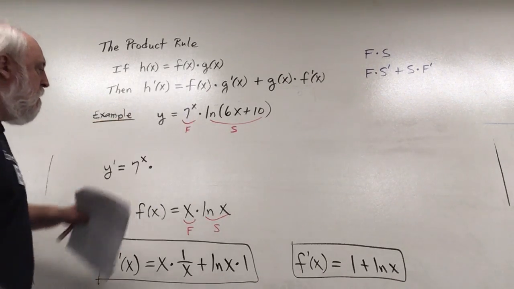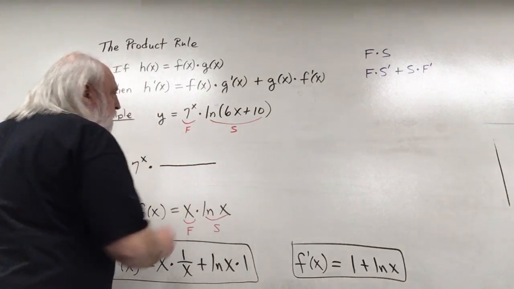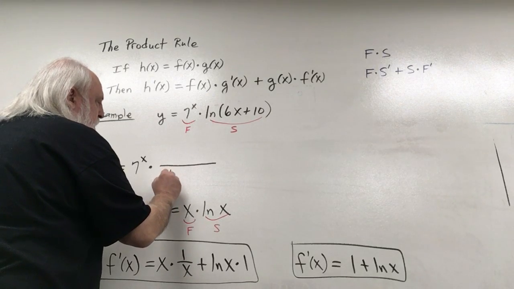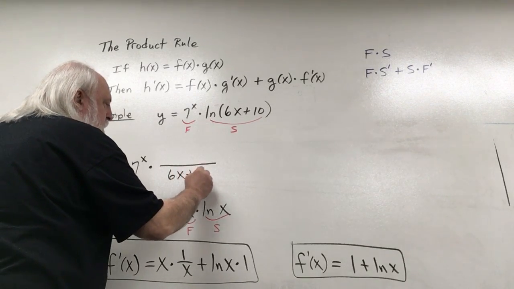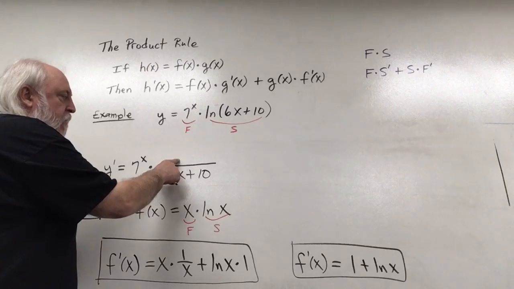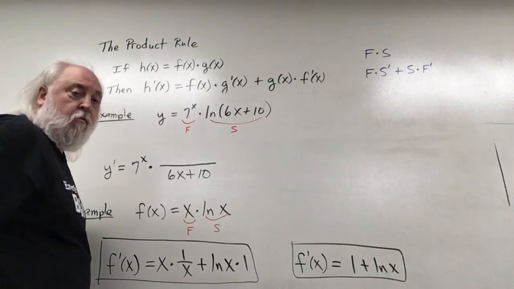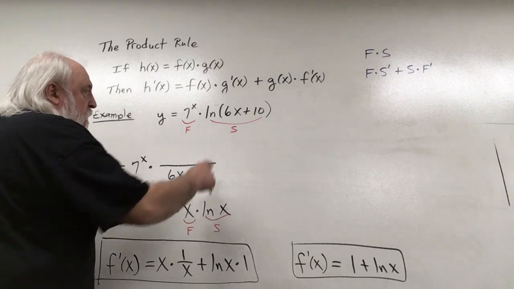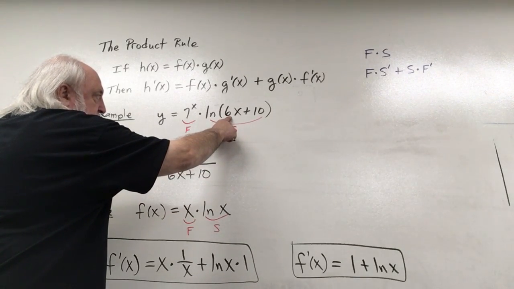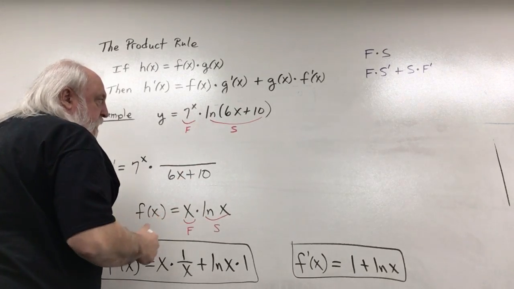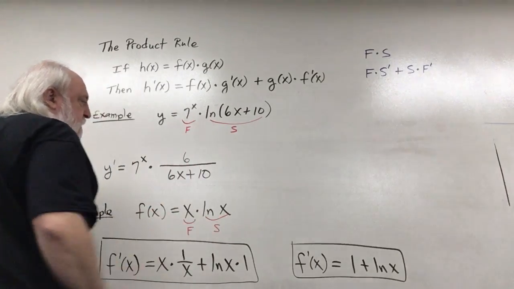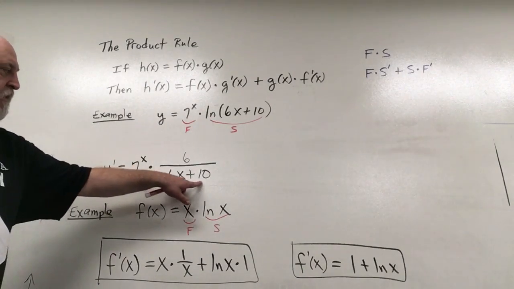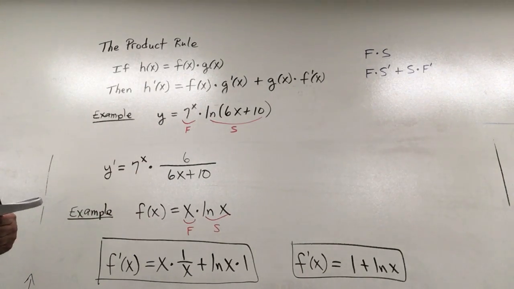What's in parentheses goes in the denominator, and what goes in the numerator is the derivative of what's inside the parentheses, right, from our previous video. Well, the derivative of 6x is 6, and the derivative of the constant plus 10 is 0, so we just have 6 in the numerator.